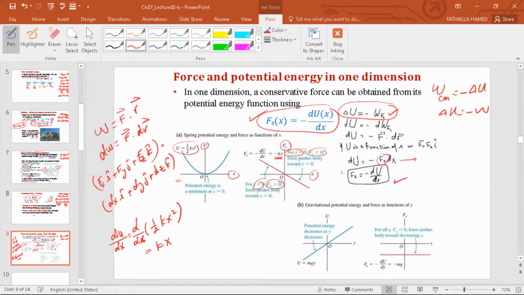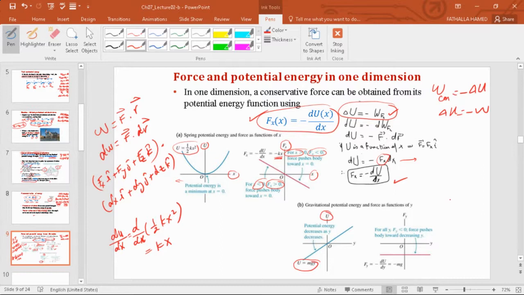Now, we can do that for gravity as well. For gravity, you know that your potential energy is equal to mgy. And this is the potential energy, that's the y, so you'll go from negative to positive depending on y. Now, what is the force?